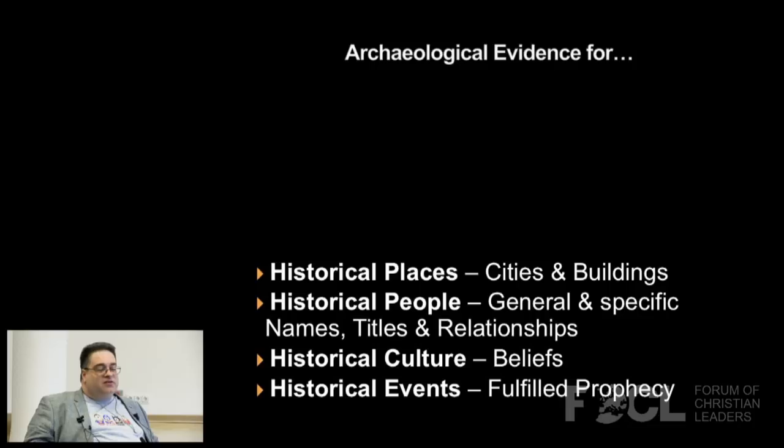We can look at evidence for historical culture, the general cultural background of the Bible, even down to people's beliefs and practices, and also particular historical events. And this becomes interesting when we're looking particularly at the topic of fulfilled biblical prophecy.